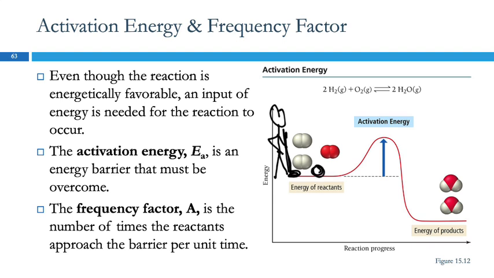And here's the ball. And there's all of those humps and stuff, right? And you have to hit the ball with enough energy to get it over the hump. And some of them, you have to hit it a lot harder than you think. So you hit it once and it kind of goes up halfway and it rolls back. That was one approach. You hit it again, it doesn't go over. That's 2 approaches. So the frequency factor is how many approaches to the barrier the reaction has, say, per second.